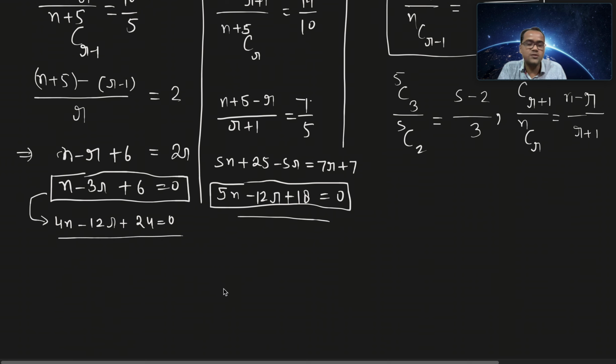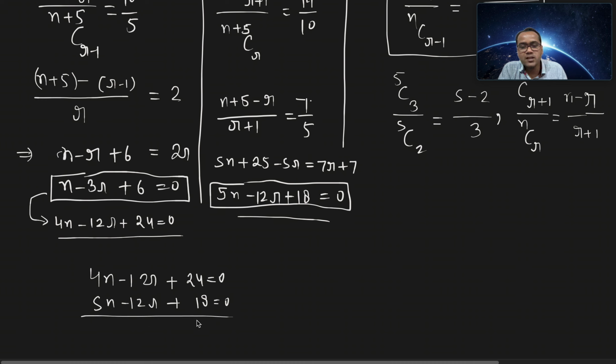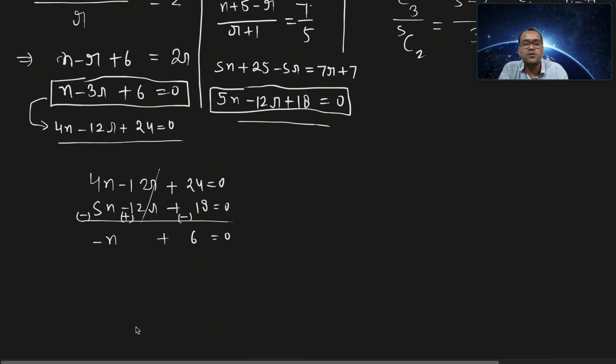So 4n - 12r + 24 = 0 and 5n - 12r + 18 = 0. Subtract these two equations. So the 12r and this 12r will be cancelled. 24 minus 18 would be 6 and 4n minus 5n will be minus n. So -n + 6 = 0. So from here the value of n would be coming out to be 6.